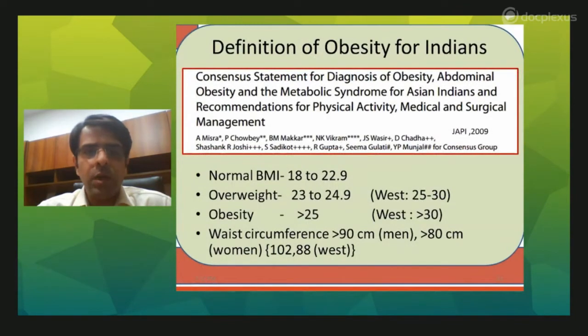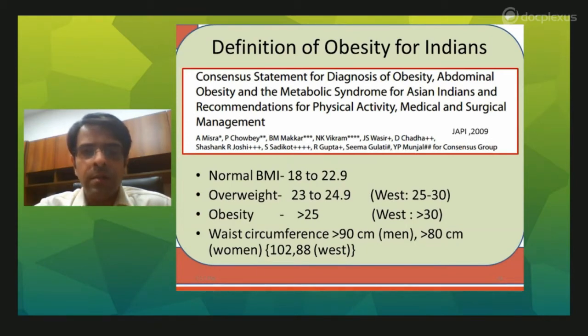So there is this consensus which we all know that in Indians, the definitions of normal, overweight and obesity are much different from the Western counterpart. And here we see that Indian patients who have a BMI of 25 have a similar risk profile as Westerners who have a BMI of 30.